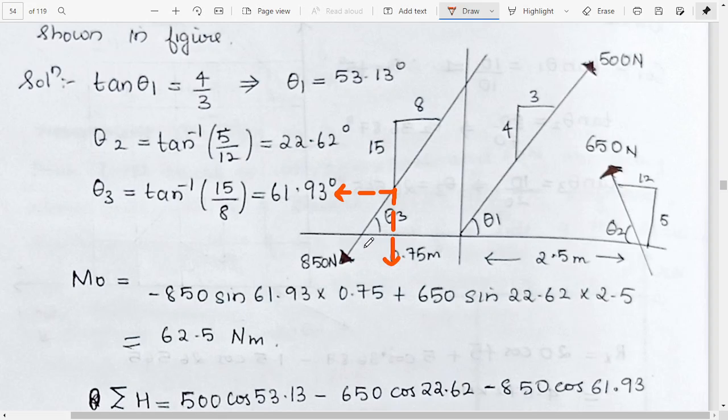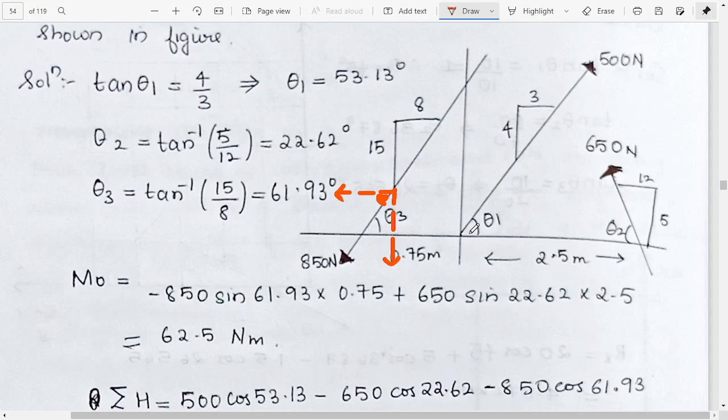Minus 850 sin 61.93. If this is theta 3, then we can find 850 sin theta 3 will be this part. If we are getting that, and if we are multiplying it by 0.75, we will get the moment of this one.